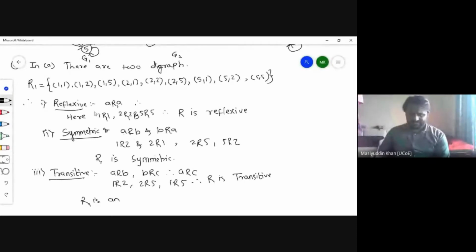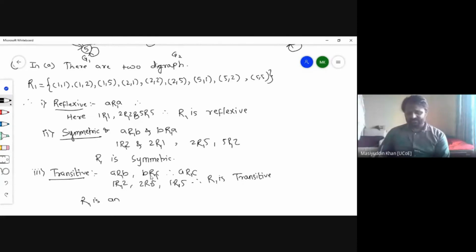That's why I represent R1, so that you will understand. R1 is reflexive, R1 is symmetric, and R1 is transitive. So you can try to understand this concept.